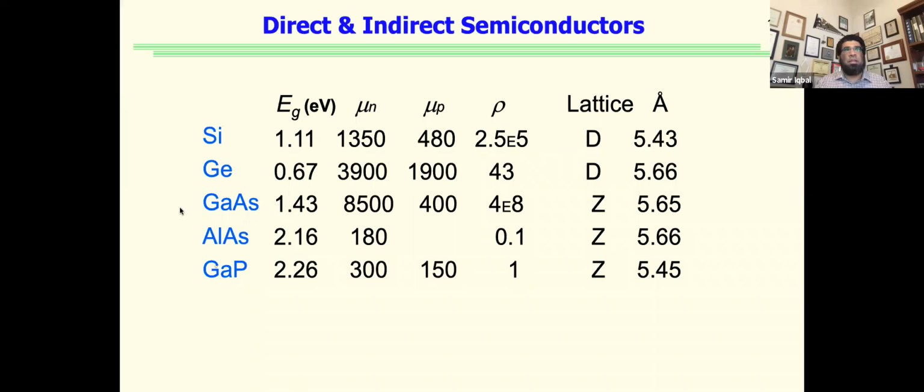So there are some materials which are direct, like silicon is direct, gallium arsenide is indirect, aluminum arsenide is indirect. Sorry, gallium arsenide is direct. Let me write it onto this itself.